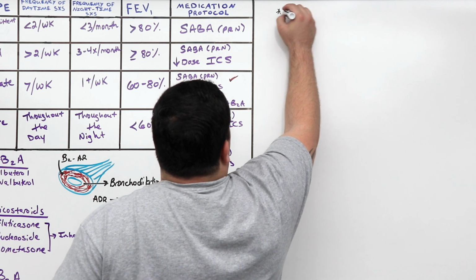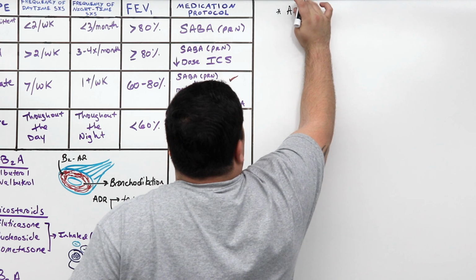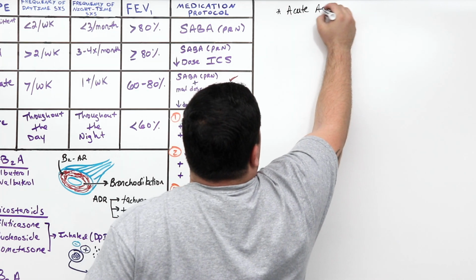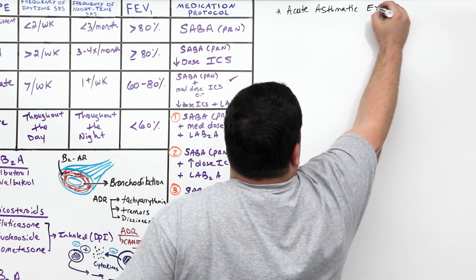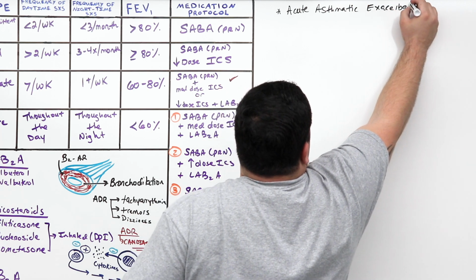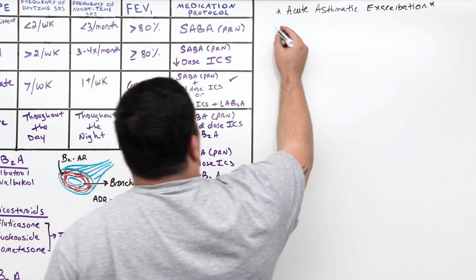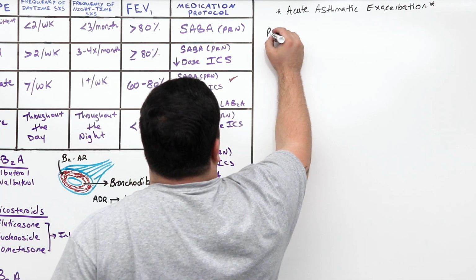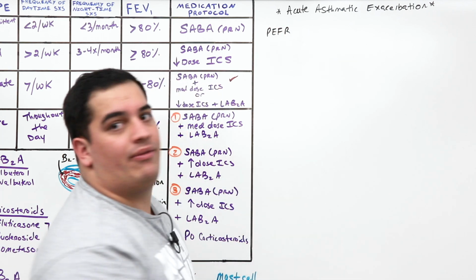So in an acute asthmatic exacerbation, we might not have the luxury of doing a PFT. So what we might do instead is a peak expiratory flow rate. This is called a peak flow.